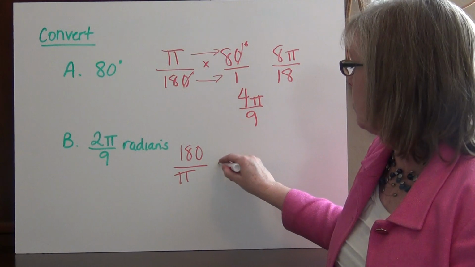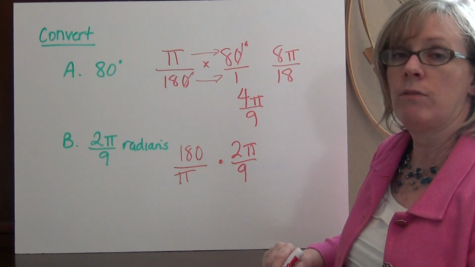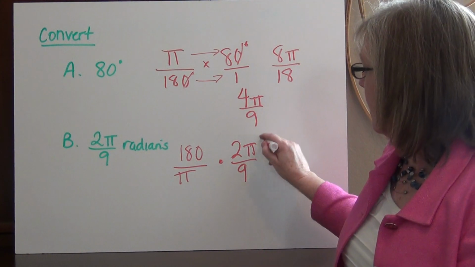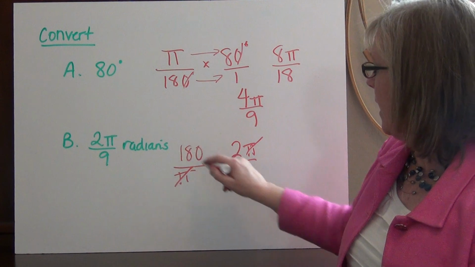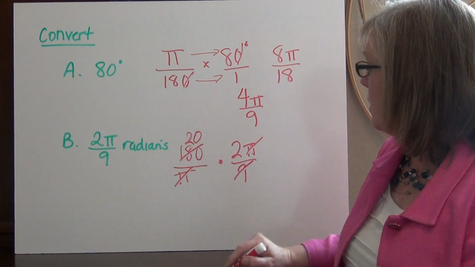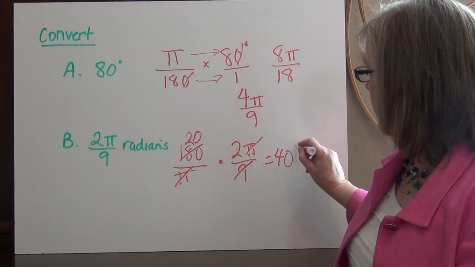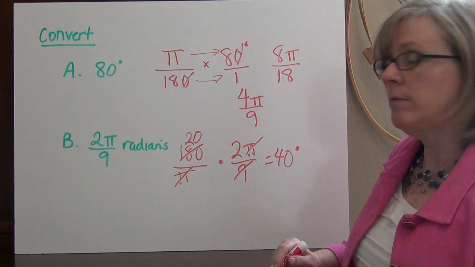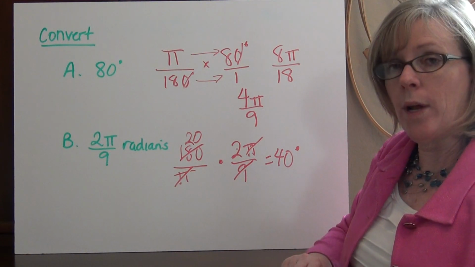And that's going to get multiplied by 2 pi over 9 for my radians. So once again, I can cancel my pi's, and then I notice 9 goes into 18 2 times. 20 times 2 equals 40 degrees. Okay? So hopefully those are the way that you worked it out.